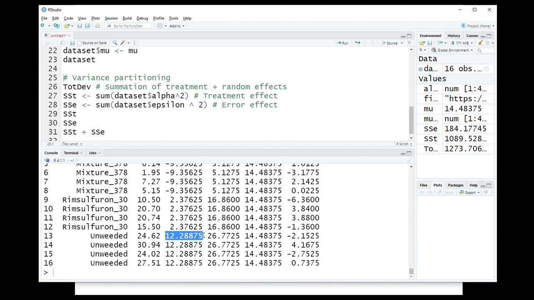Here we have a number of degrees of freedom that is equal to the number of treatment levels minus 1.